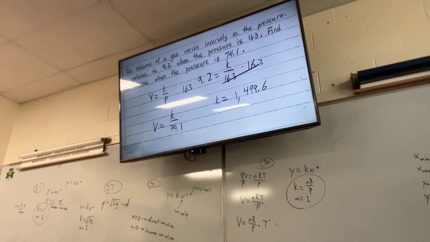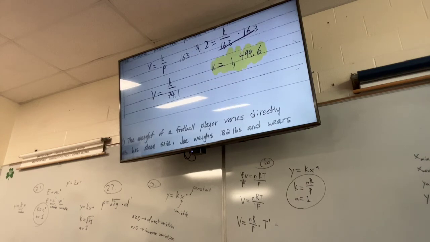Okay, so that's my K. Then I can plug that in here, and the volume when the pressure is 74.1 is equal to 1,499.6 over 74.1.